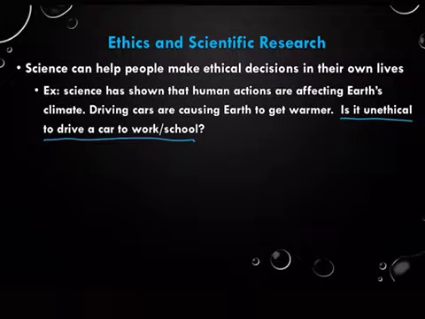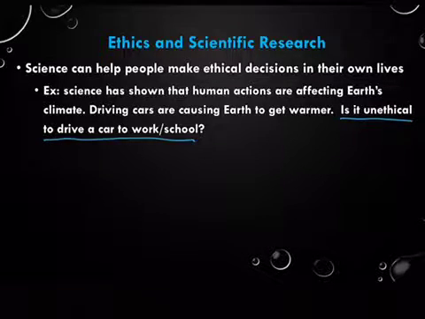Some of those things that you could think about would be how close or how far from school you live. You have to weigh the pros and cons of each of these situations, and each individual could come up with their own answer, and it should be based on their own situation.